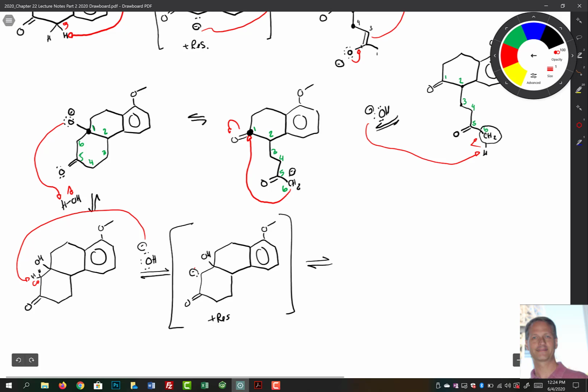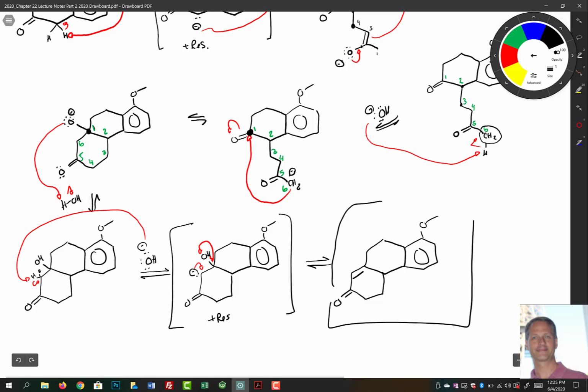And then finally, that last step, we'll do our dehydration there. Swinging around here and doing that, and just to draw that out a little bit better, that gives us this. So that's your final product there. This is what we want to draw up in that space that we see up above.